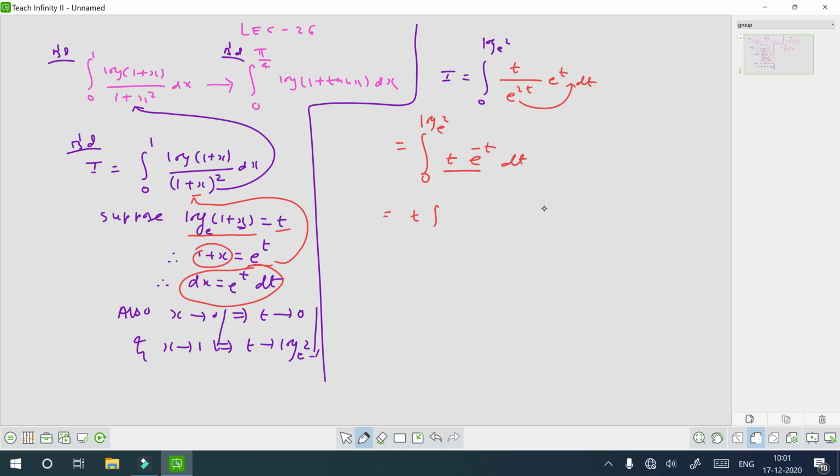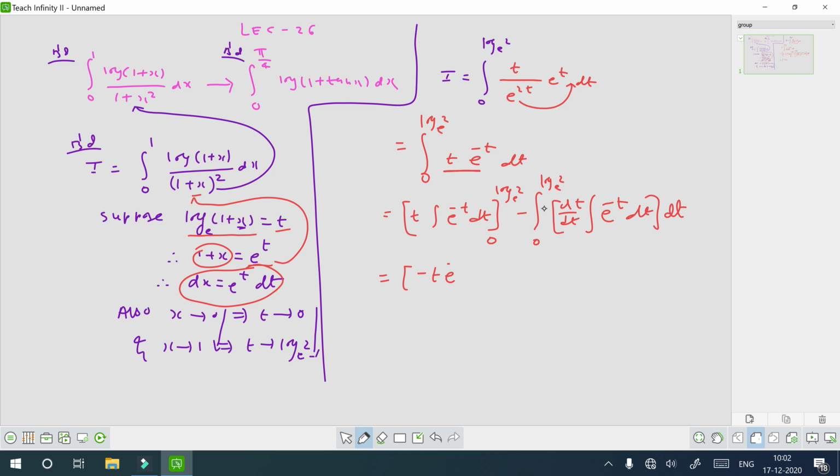So t as it is, integral of e raised to minus t dt, with limit 0 to log 2 base e, minus integral 0 to log 2 base e of the derivative of t, integral part as it is, whole into dt. Clear?